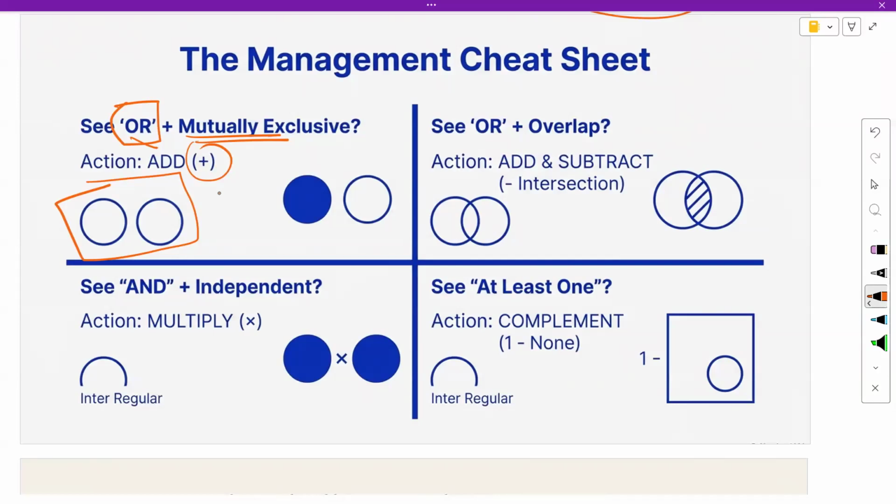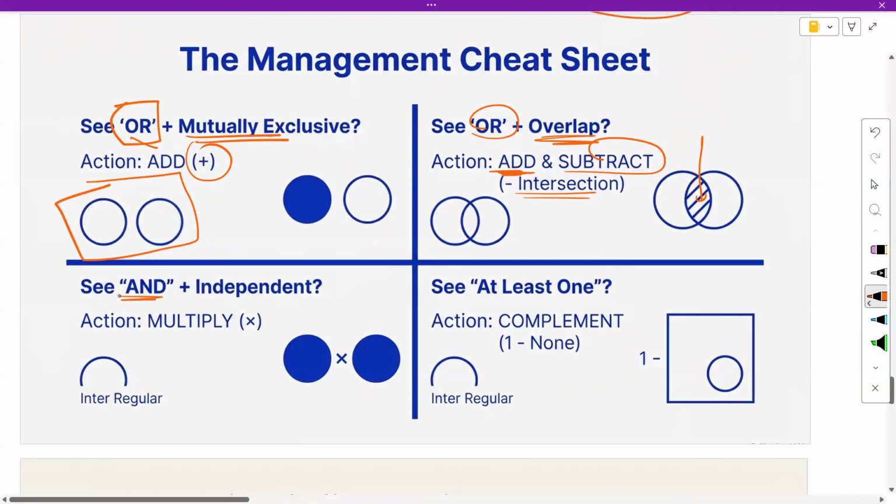In case OR with overlap, it is not mutually exclusive. We have to add, but at the same time, we have to subtract the intersection, the common section.